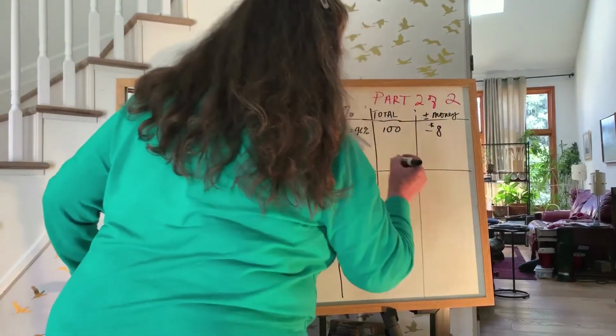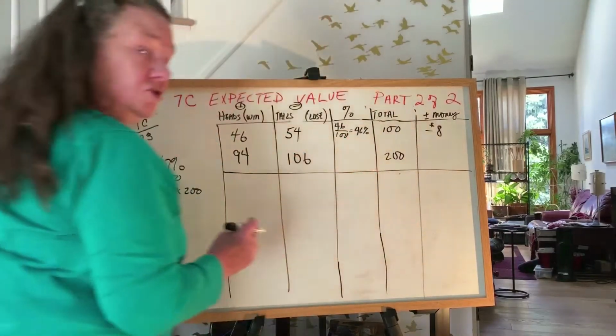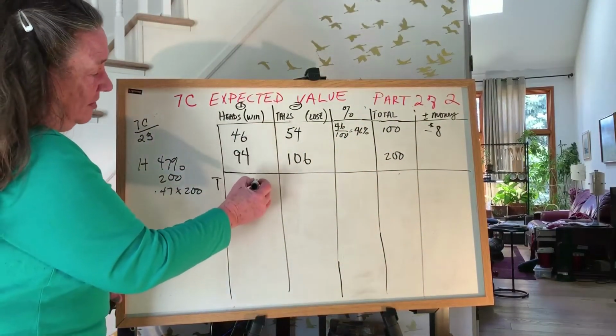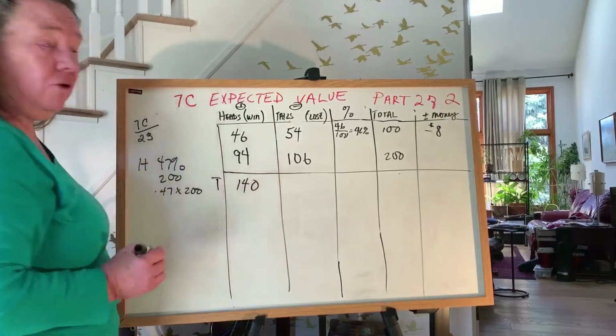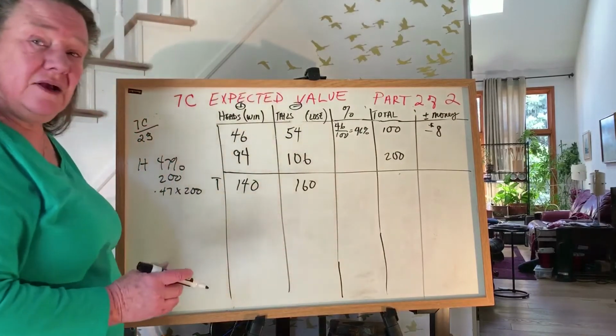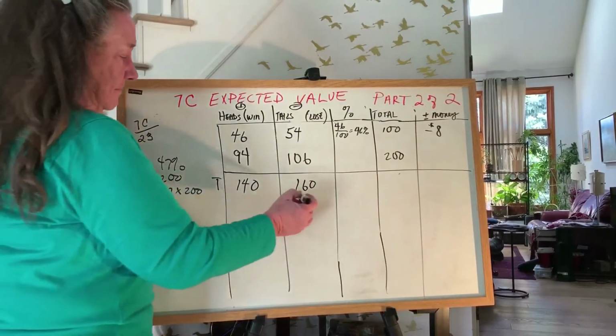Okay? So for this, you now want to say that was 200 tosses, but now we want a total. So at this point we have 140 heads and 160 tails. There's your 300.